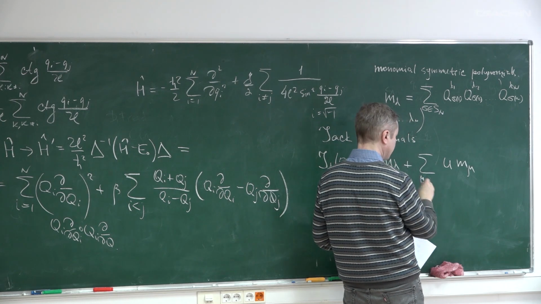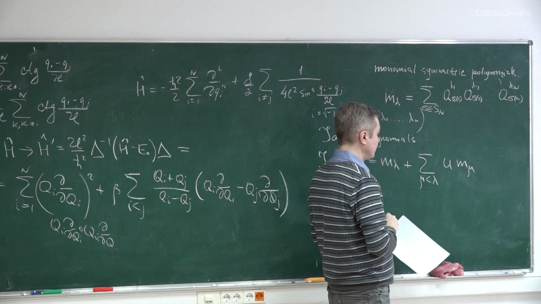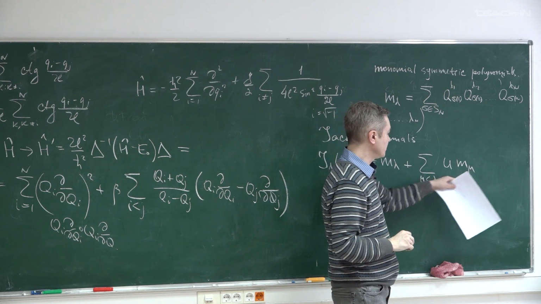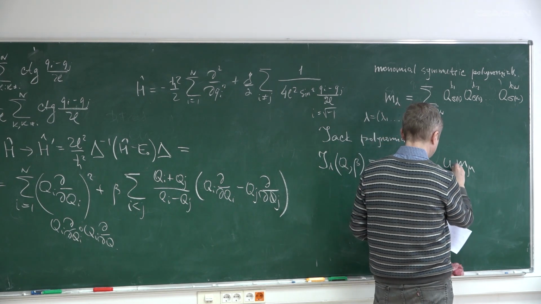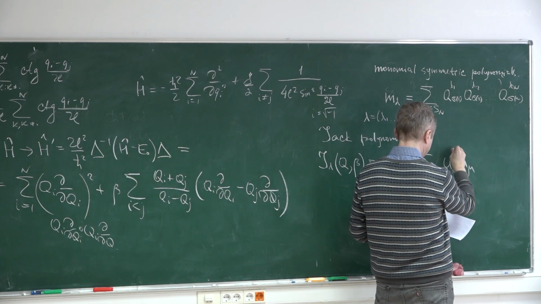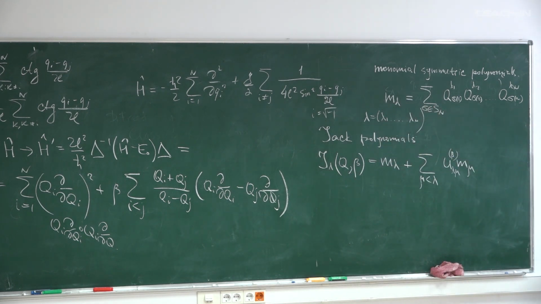It's a kind of partial order in partitions, and in this partial order, this mu is smaller than lambda. With some coefficients, so we may put it like c lambda mu, also dependent on beta, and these coefficients are to be found, in fact. So it's just a very generic expression.